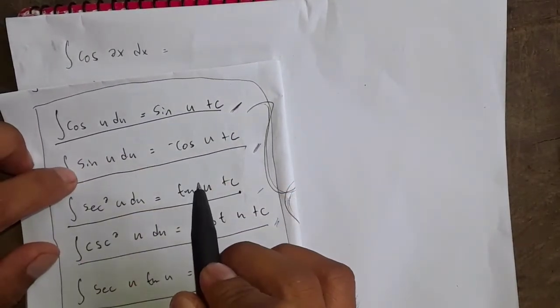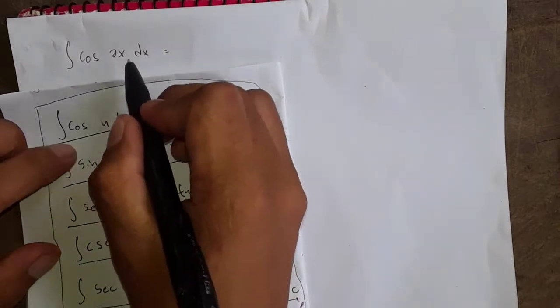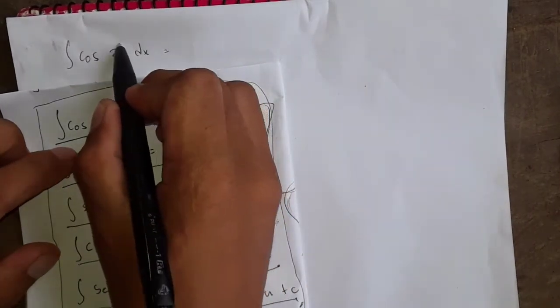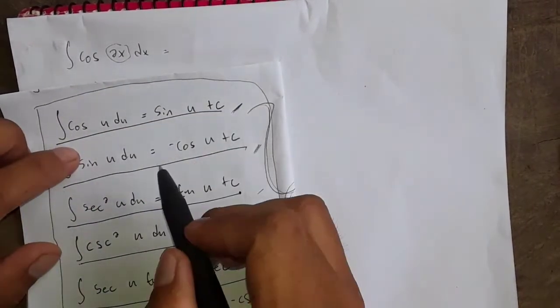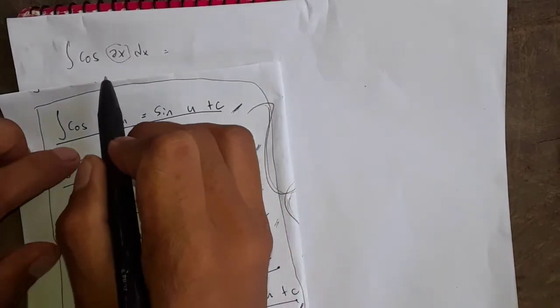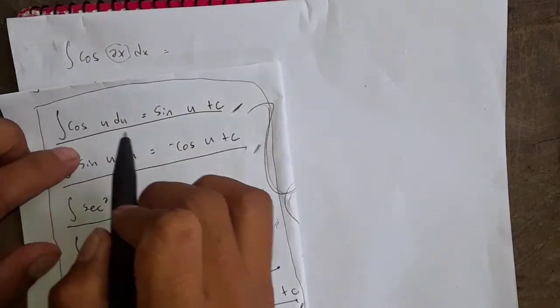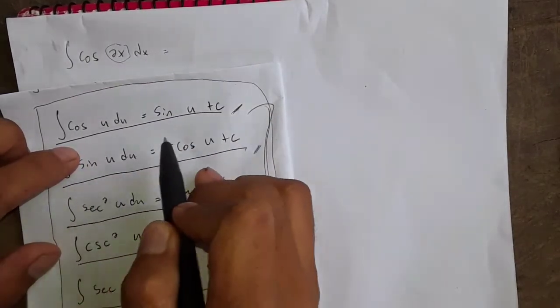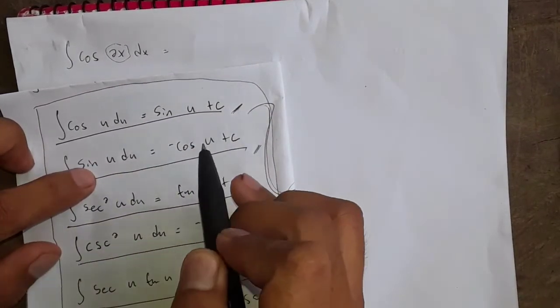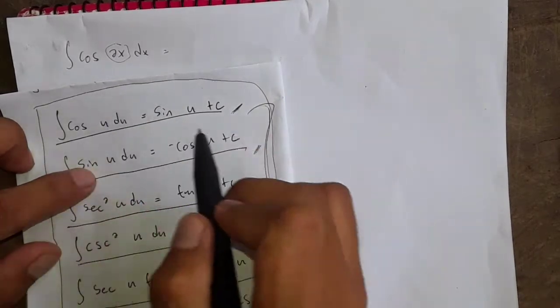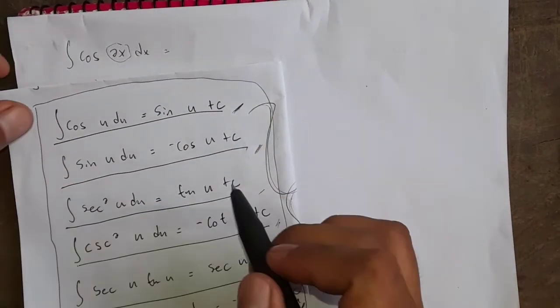But as you can see here, it is a composite function because it has an inside function which is 2x. So in derivatives, we multiply by the derivative of the inside function. But here in integration, as its reverse process, we divide by it.